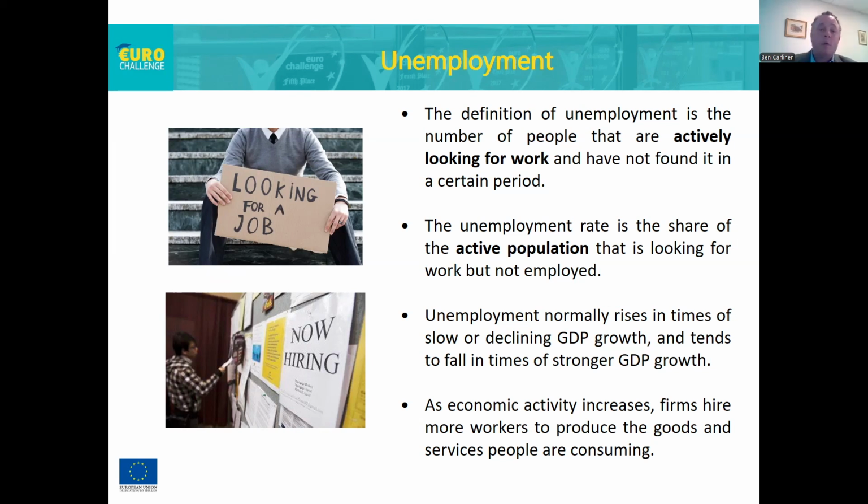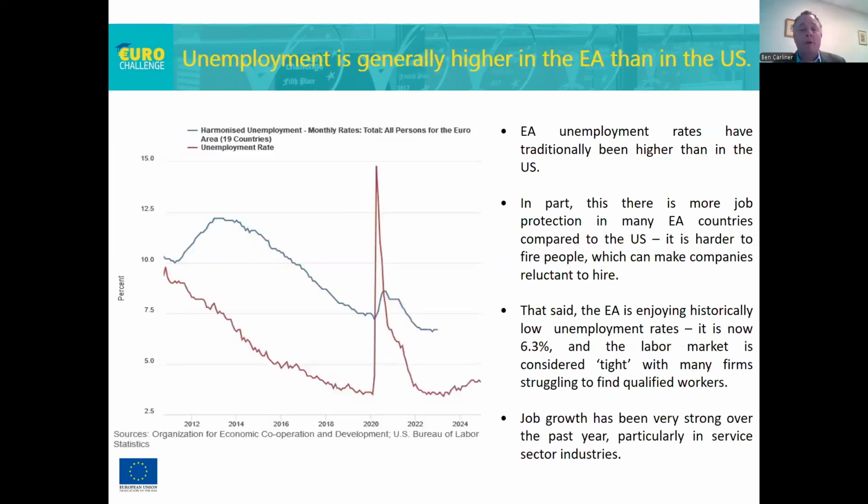So what you can see from this chart is that historically, unemployment tends to be a little bit higher in the euro area than in the US. In part, one of the reasons for this is probably, economists debate this, because there's more job protections in many European countries than in the United States.